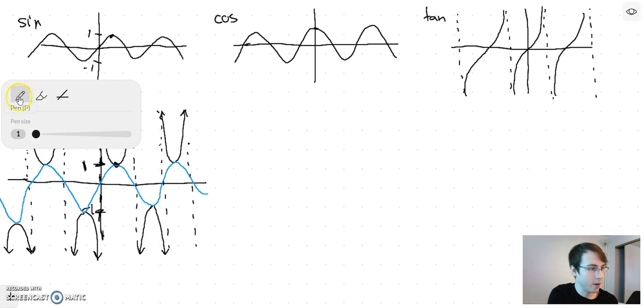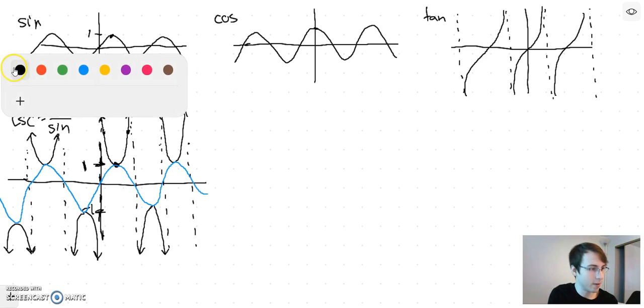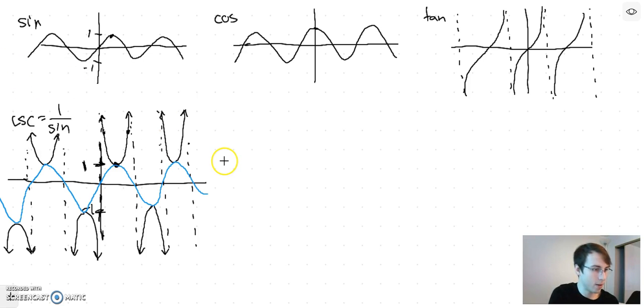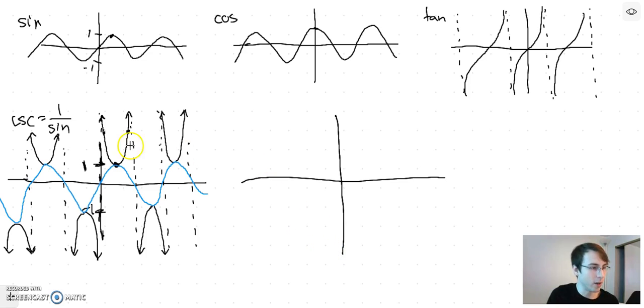Alright, now let's try with cosine. So this is really similar to cosecant with sine, since secant is just 1 over cosine. Let's draw our graph of cosine first. Draw it in blue.